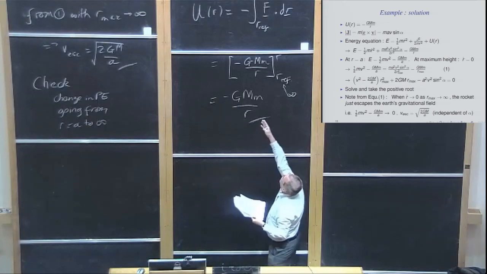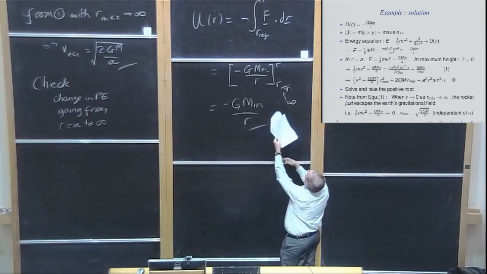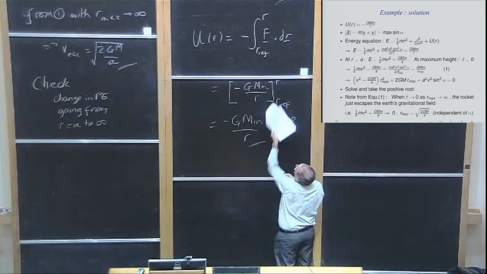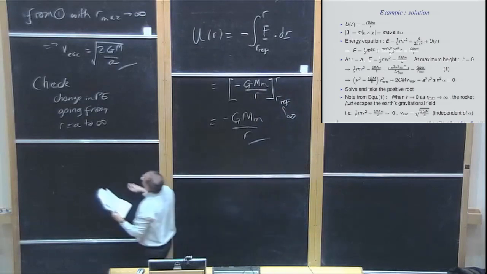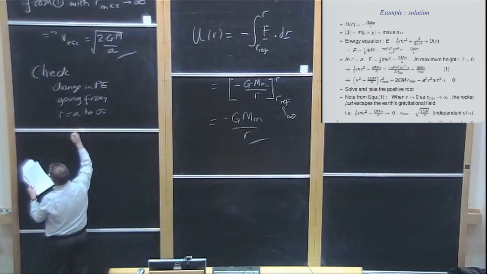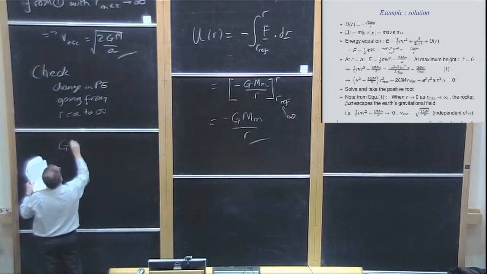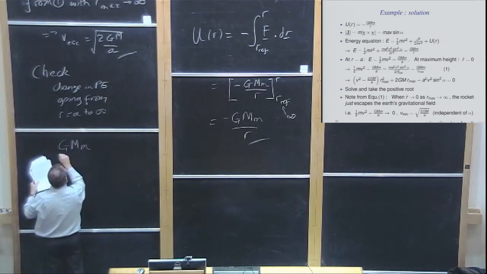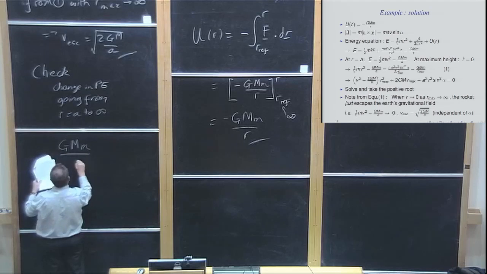Well, it's essentially just this expression where I put r equal to a. Okay, so the change is just big G, big M, little m over a.